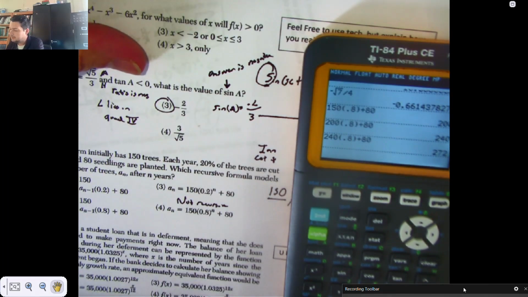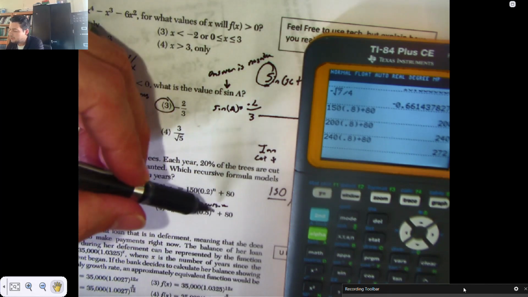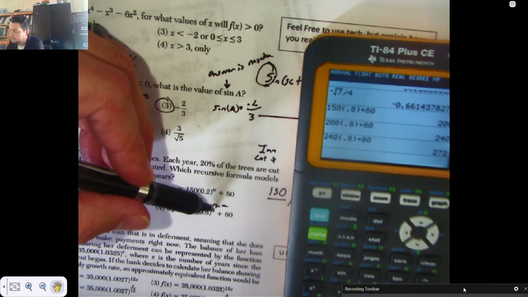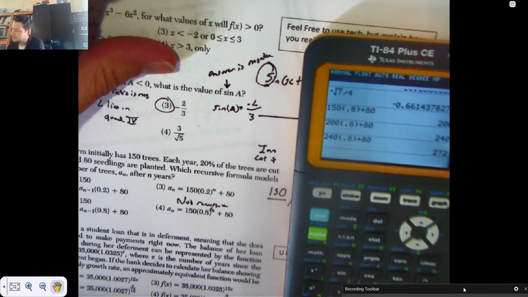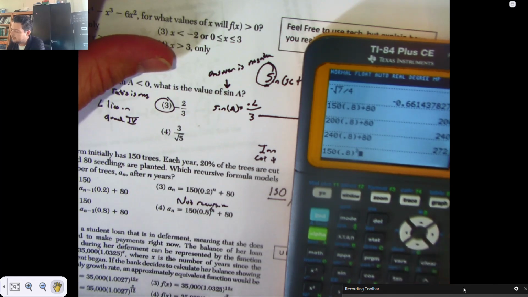But I'm a little curious if they work. I have a suspicion that this one would work if you let n be 0. But past that, I don't think it would. Like if you take 150, 2.8, raise it to the third power, and add 80, you got 156.8.